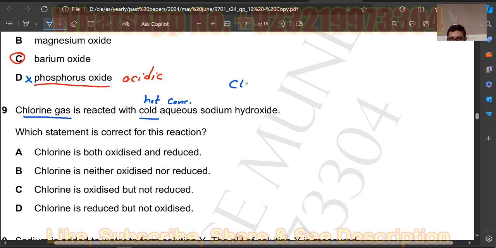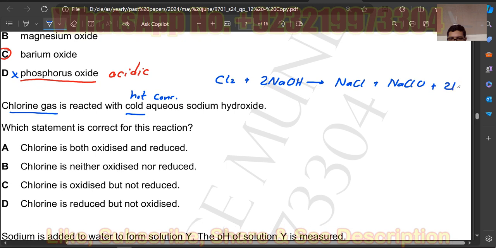So I'm going to write the chemical equation for the reaction of chlorine with cold aqueous sodium hydroxide. These are the fixed products which are always made: NaCl and NaClO plus 2H2O. These are always the products.